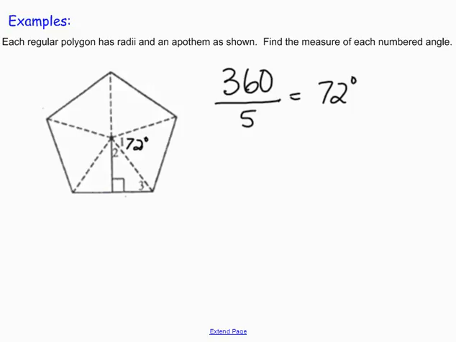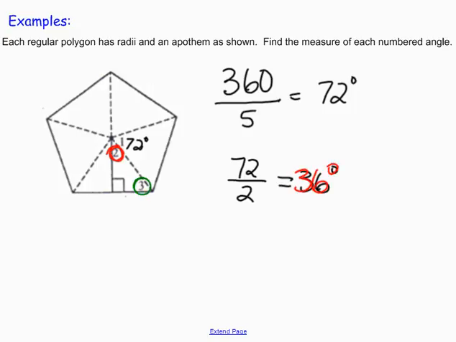Angle 2, well, in order to get angle 2, we'd have to take 72 divided by 2, because we're cutting it in half. And that equals 36 degrees. So angle 2, right here, is 36 degrees.